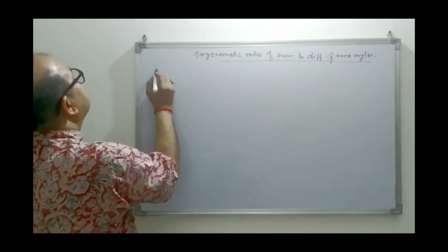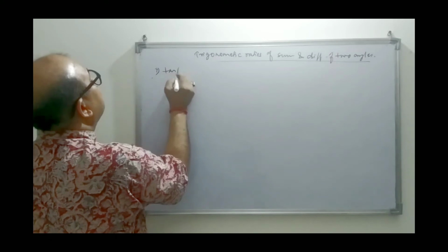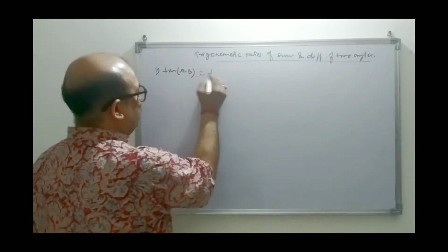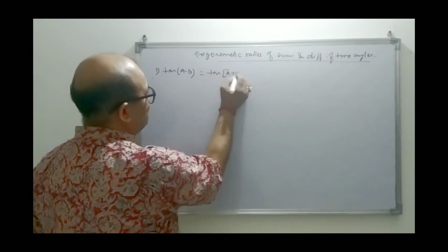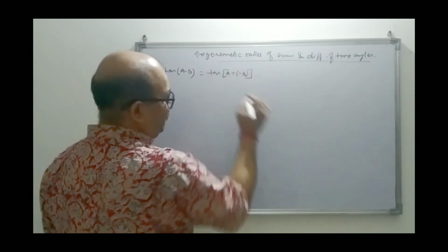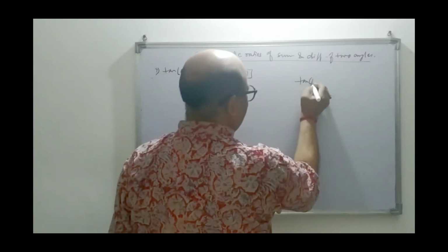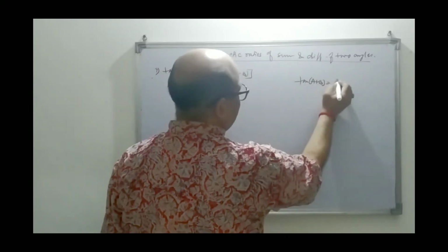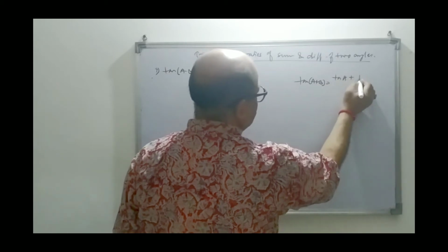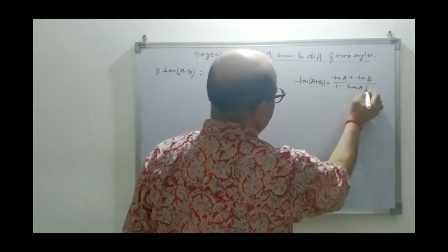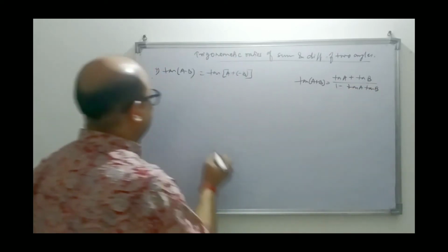That is your 7th, tan A minus B. Now we can write tan A plus minus B. Earlier we proved tan A plus B equals tan A plus tan B upon 1 minus tan A tan B. We put this here.